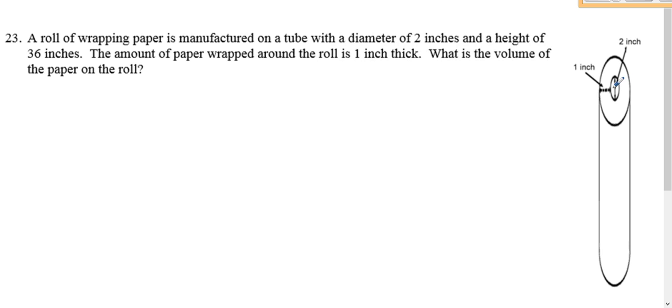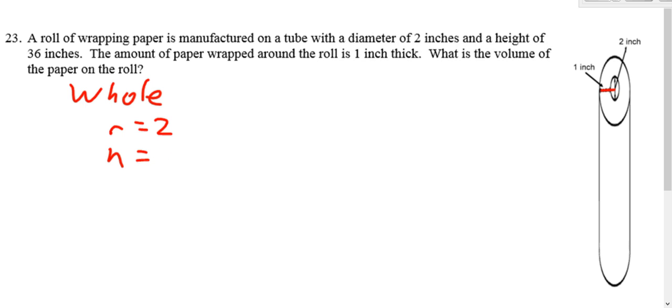So the whole thing has a radius, 1 inch of paper, and then the center has a 2 inch diameter, so 1 inch in the center. So the whole thing has a radius of 2.